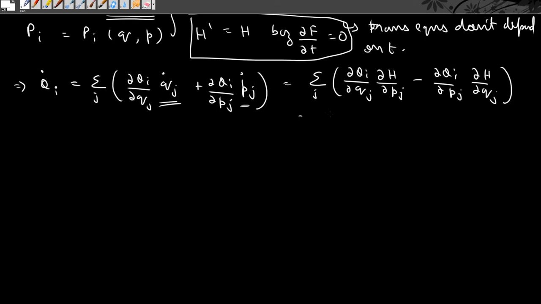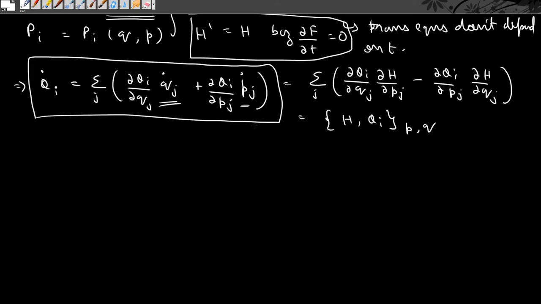But this is nothing but the Poisson bracket of Q_i and the Hamiltonian taken with respect to the old coordinates q and p. This particular relation I'm going to call equation 1.